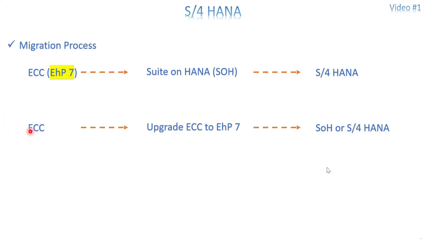So either you go with ECC with EHP 7 to SOH and HANA or S4 HANA, or you upgrade the ECC to EHP 7 and then go ahead with HANA. I will give separate detailed videos for this migration process, covering technically what to take care of before going from ECC to SOH and HANA, or upgrading your ECC as well.